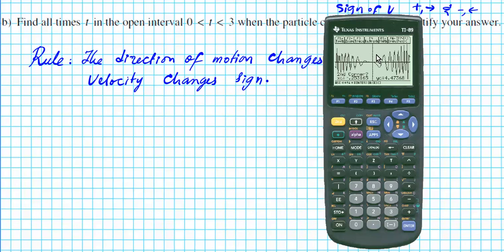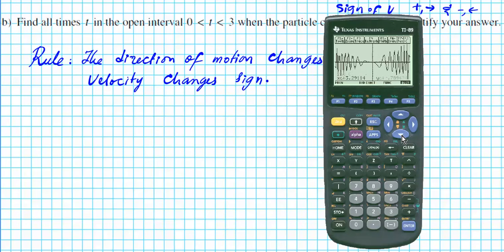So press enter. That's the upper left corner of our window. And then move it all the way, paying close attention to the x value. We want to make it slightly bigger than 3. Okay, that's good enough. Then you bring it down.